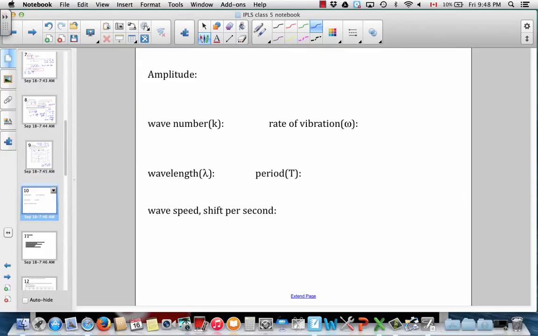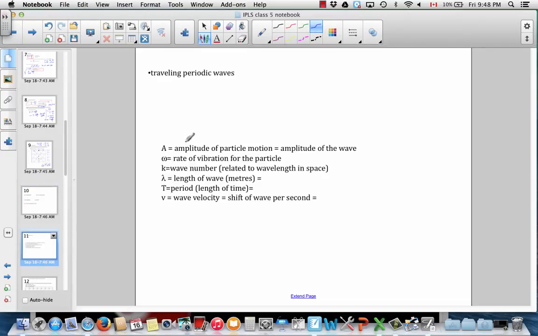So we can therefore identify, if we have a traveling periodic wave, you could use sines or cosines. It's going to be something like this, where there's a coefficient of x and a coefficient of t. Now, A is the amplitude. It's how far the particle gets away from equilibrium.